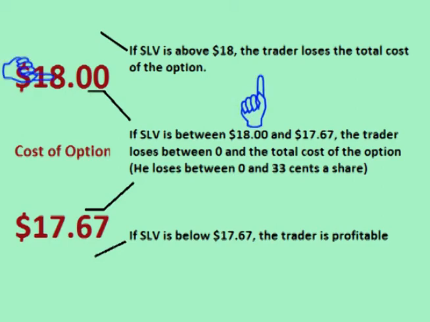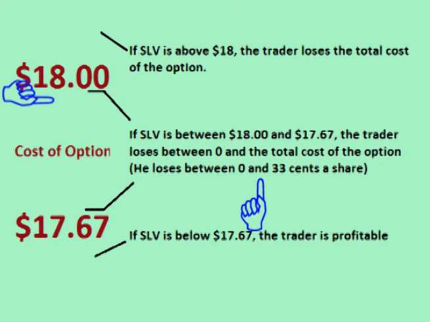If SLV stays at or above $18 a share, the trader would not choose to use his option to sell the stock at $18 per share, since he can get more for selling it at the current price at the time of more than $18 per share. Therefore, the option expires worthless, and the trader loses the 33 cents he paid up front. If SLV drops below $18 per share, but not below $17.67 per share, the trader does use his option.